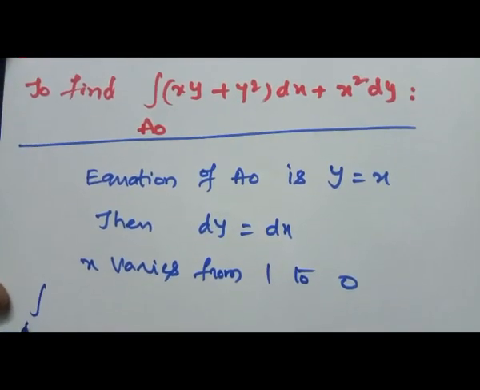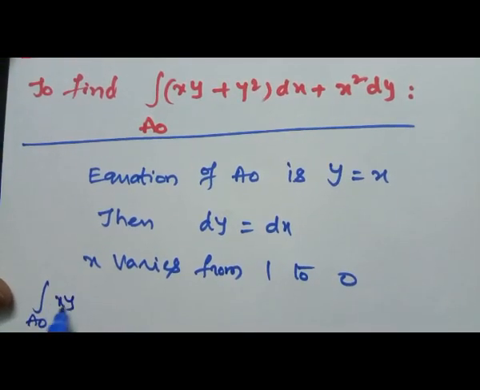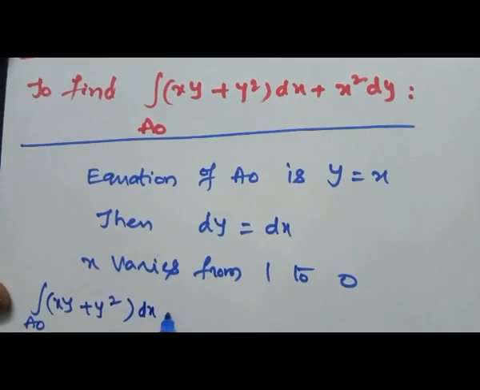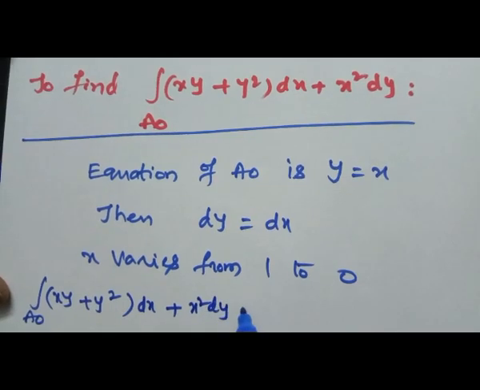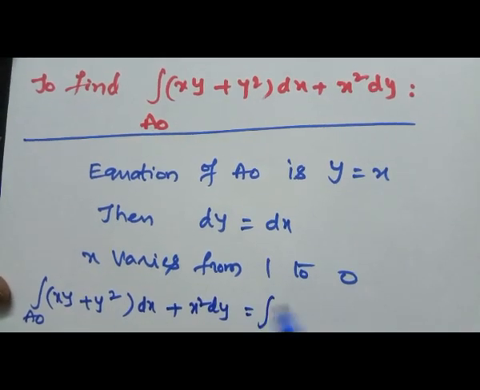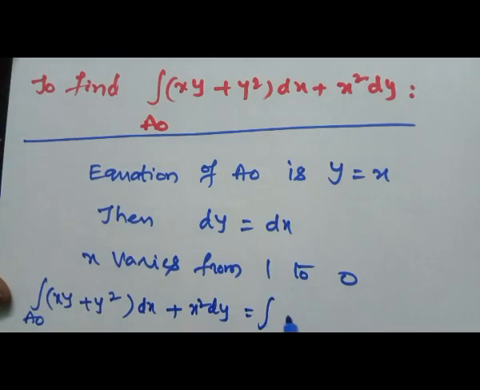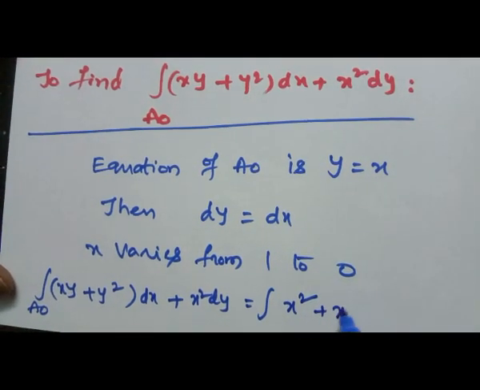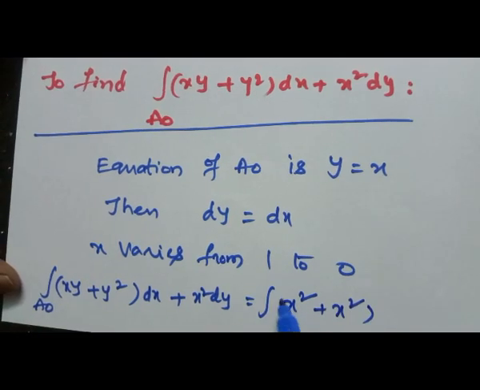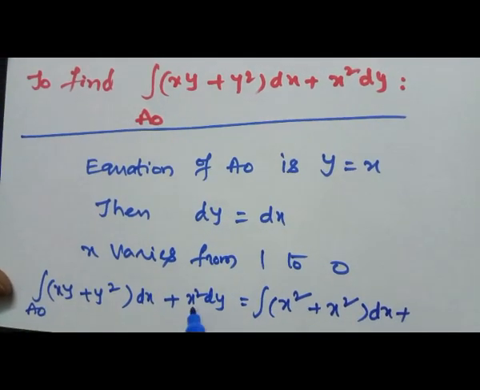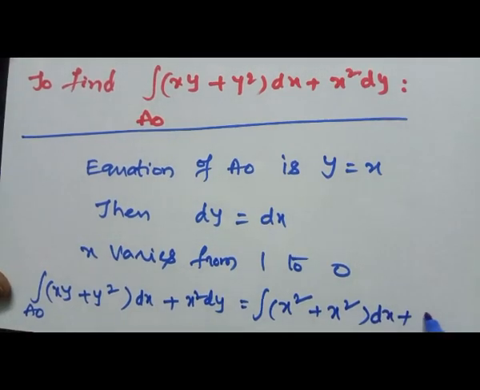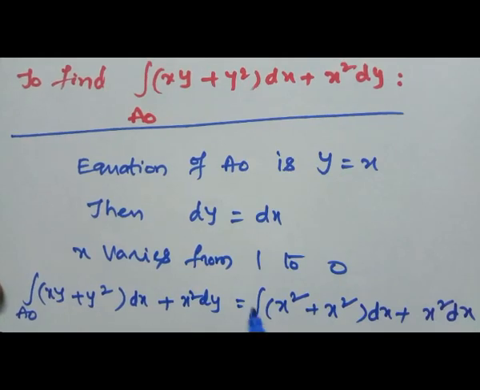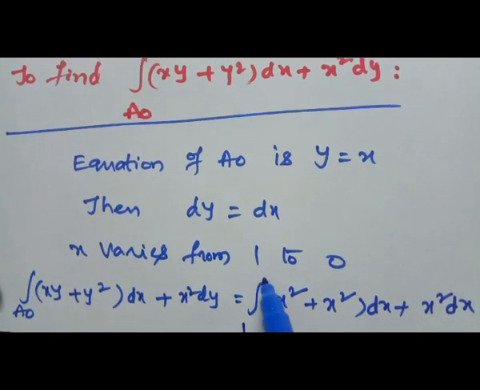Therefore, the integration along AO of (xy plus y square) dx plus x square dy is equal to the integral of x times x plus x square, that is x square, into dx, plus x square into dx, with x varying from 1 to 0.